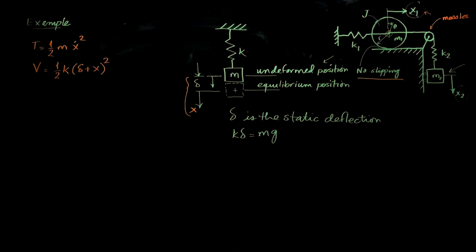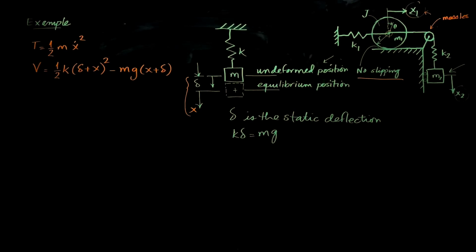and then including the gravitational potential energy, the mass will drop a distance x plus delta, so it's negative mg x plus delta. That's the gravitational potential energy.